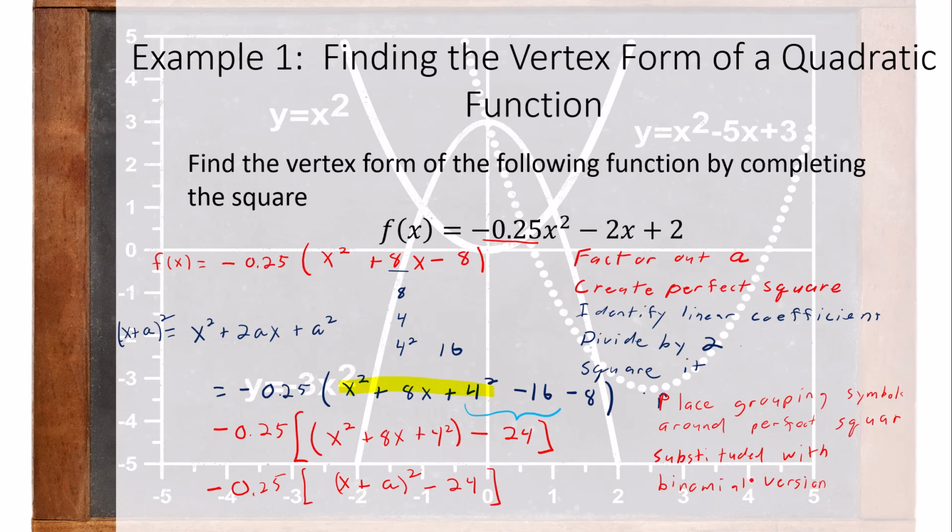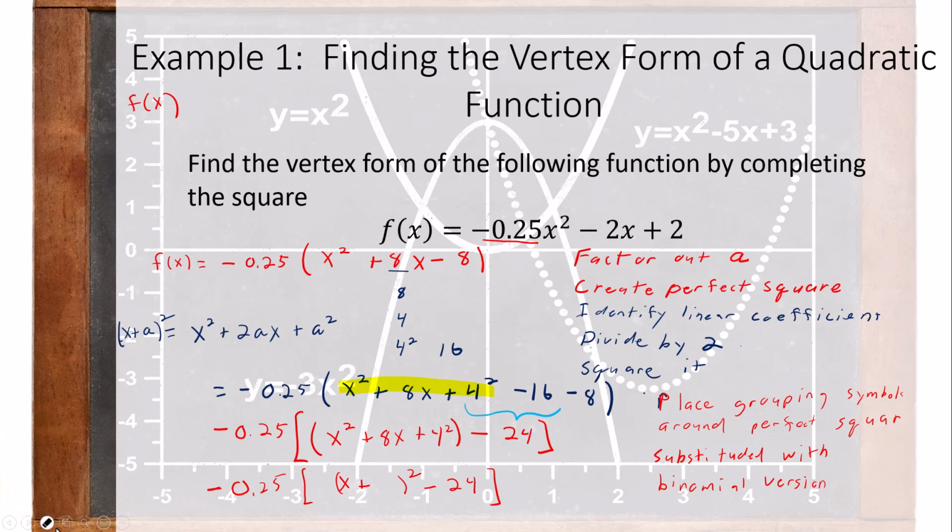And then finally, all I need to do is multiply back in the 0.25 using the distributive property. I'm going to do that up here since I'm running out of space. That will give me that f of x is equal to negative 0.25 times x plus, and that really shouldn't be an a, that's a mistake on my part. That should be a 4.